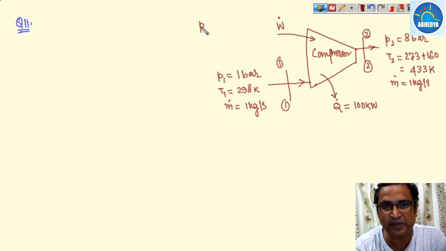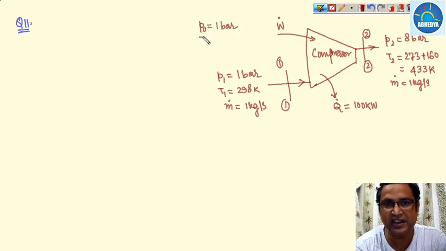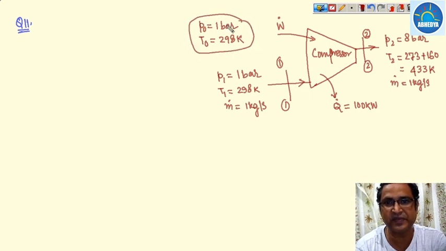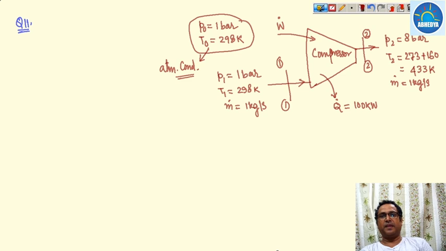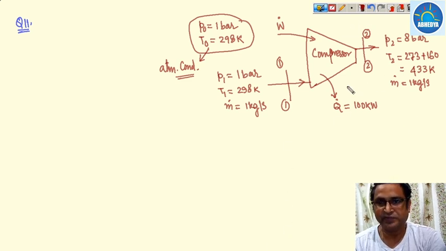So atmospheric pressure is equal to 1 bar, I am writing over here, and atmospheric temperature is 298 Kelvin, that is 25 degrees centigrade. This is your atmospheric condition. So now this is your figure basically.